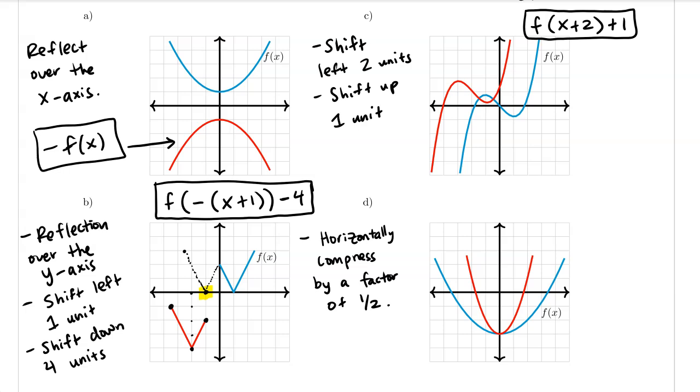So how do we edit the graph? Or excuse me, how do we edit the formula for f of x? If you go back and look, the way that we do that is we multiply the inside by a 2. So f of 2x would give us a transformed graph so that it is horizontally compressed by a factor of 1/2. That concludes this example.